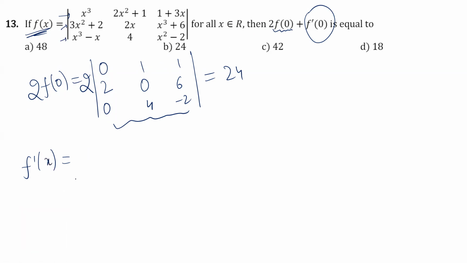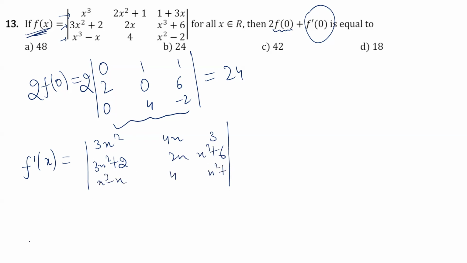So let us calculate f dash x first. So that will be how much? See, x cube differentiation is 3x square. I am doing first row differentiation: 3x square, 2x square plus 1, 4x. This will come out to be 3. And the second row will be same, and the third row will also be same, with minus 2.